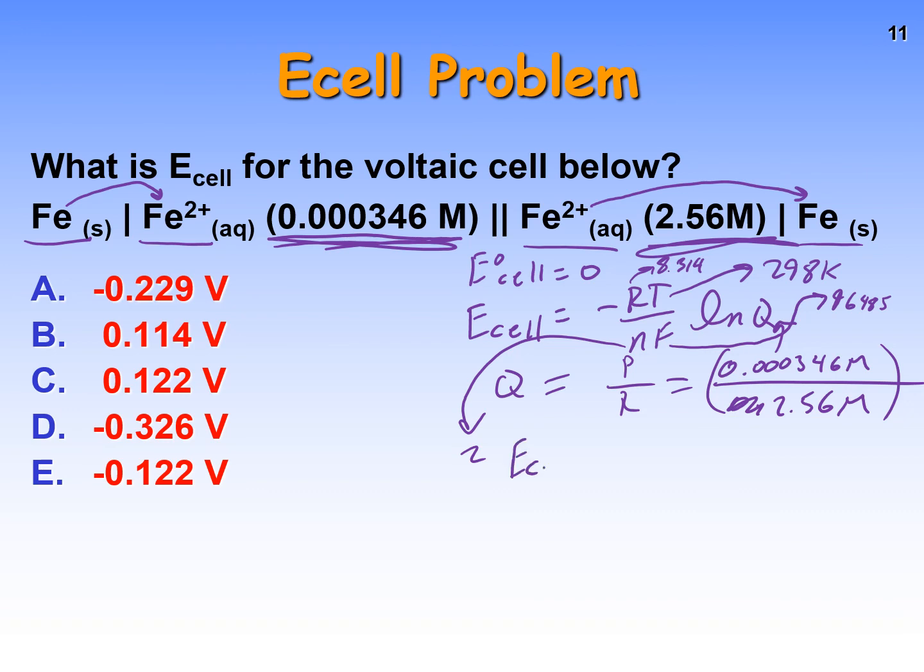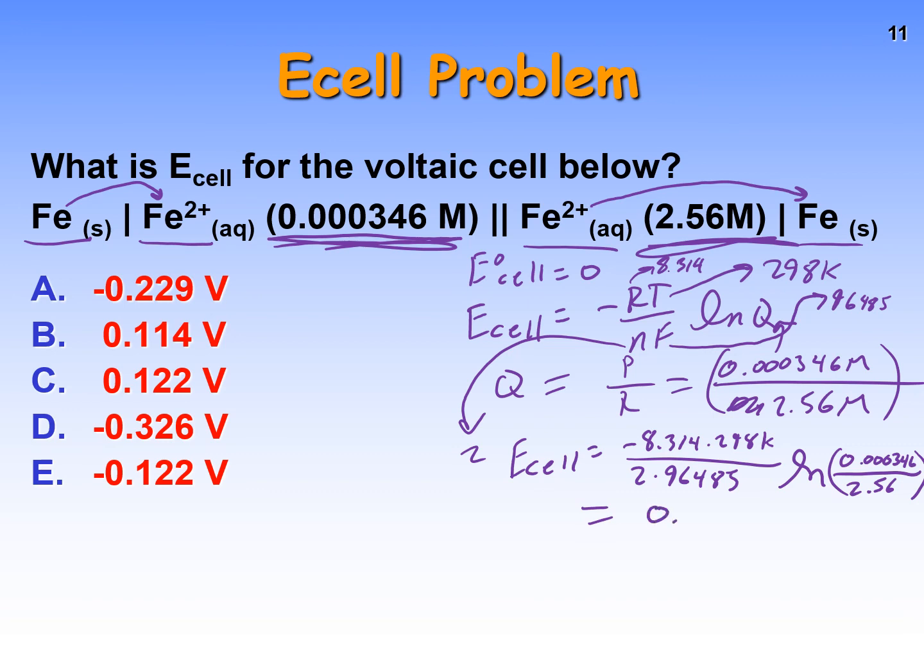So E cell is equal to negative 8.314 times 298 Kelvin, all over 2 times 96,485, ln of 0.000346 divided by 2.56. If we do that out on our calculator, we get 0.14114 volts, or in other words, B is our correct answer.